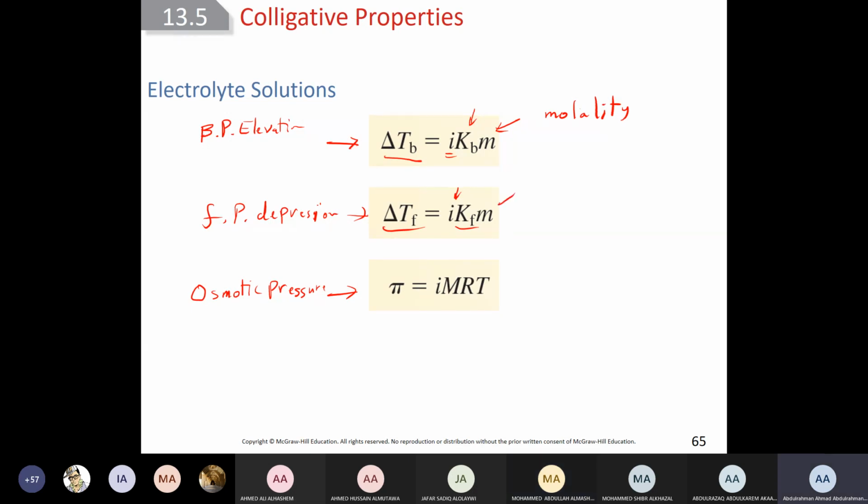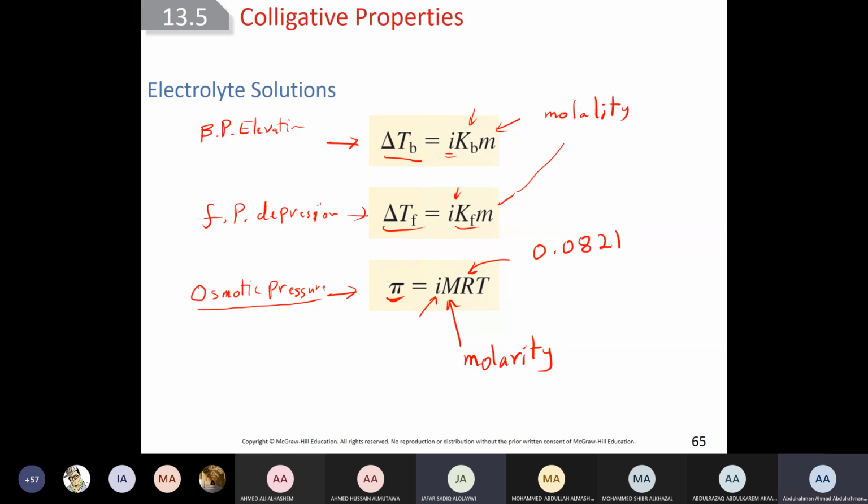And M is molality again. Very good. Last thing, what's pi? Osmotic pressure. What's I? Van 't Hoff factor. What's M? Molarity. Don't forget this. And what's R? Gas constant.